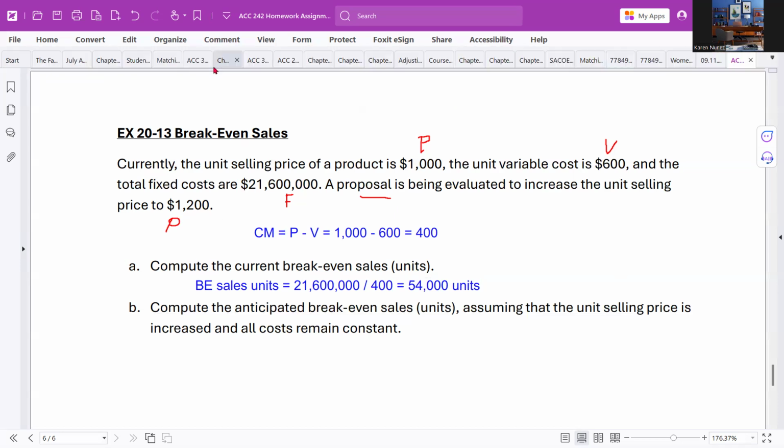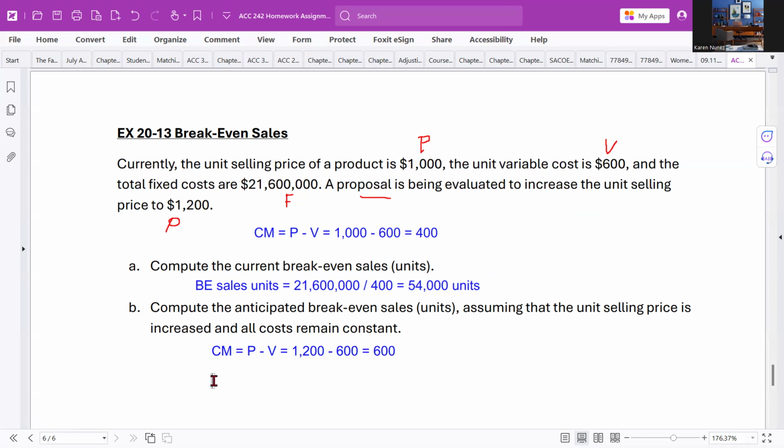The new unit contribution margin is going to again equal P minus V. The selling price does change, to 1,200. The variable costs do not change; they are still $600. So we're now looking at a unit contribution margin that goes up to 600. If we sell the units at a higher price, we're going to have more contribution margin.